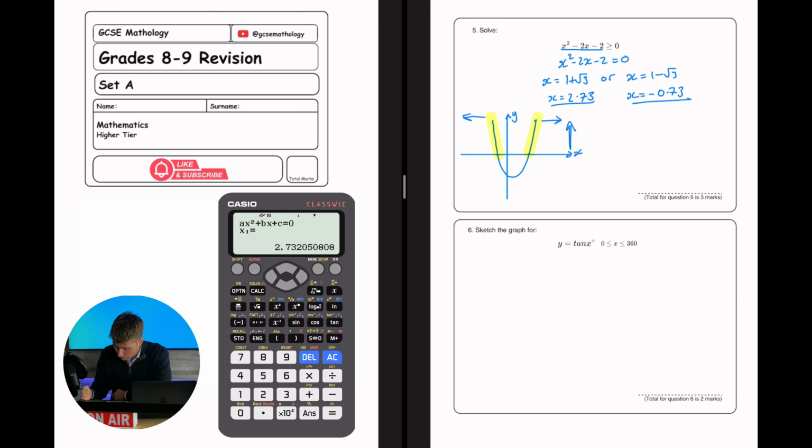So the solution that we're going to write is either x is less than or equal to minus 0.73, or x is greater than or equal to 2.73. And these two inequalities are our final answer.